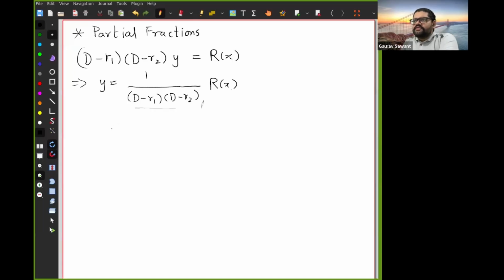I'm not going to find out the exact values of those factors, that is up to you. But you would have a divided by d minus r1 plus b divided by d minus r2, for appropriate values of a and b, and then acting on R of x.